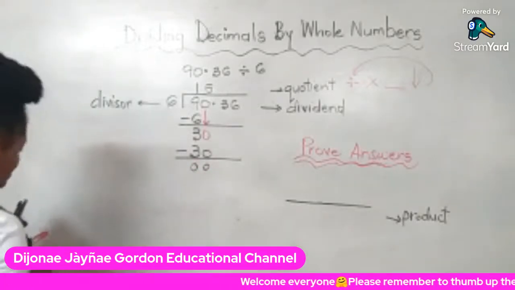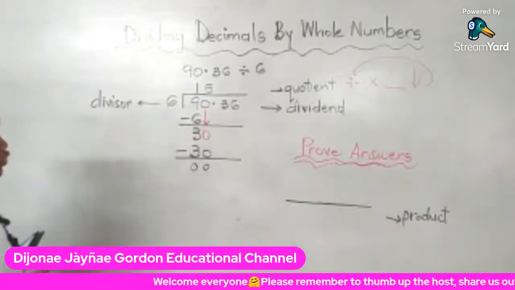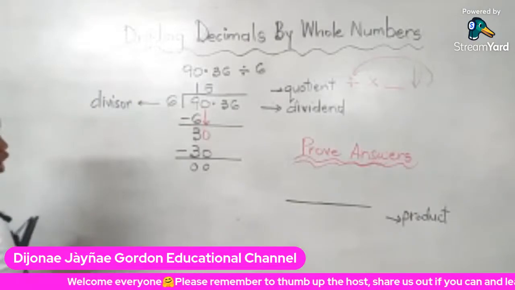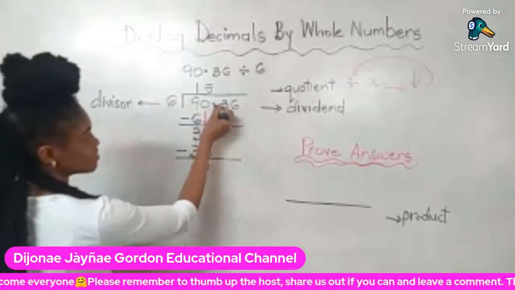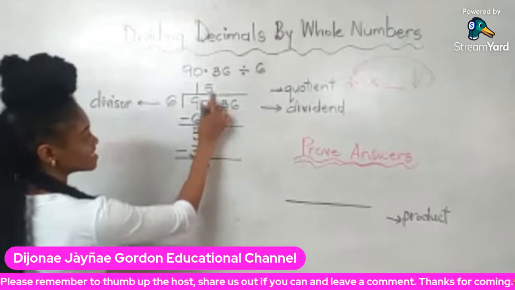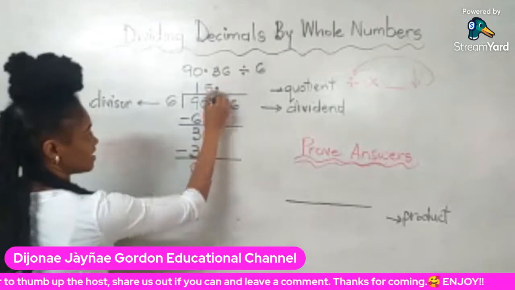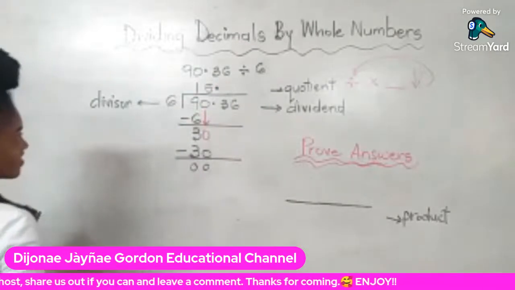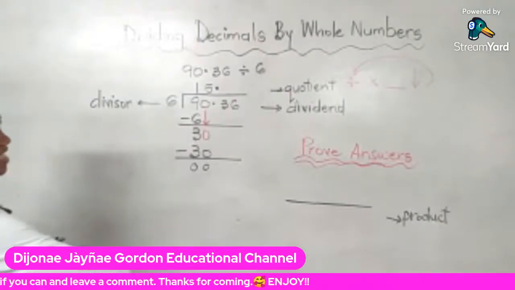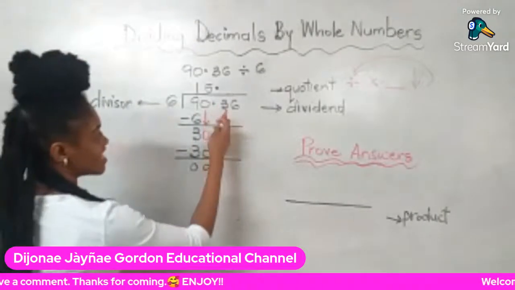All right? So the next thing you are going to do is write your decimal place, because that is the next thing in line. Then you're going to bring down the next digit.